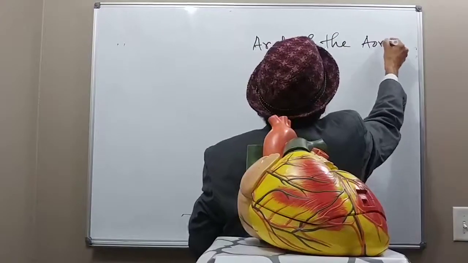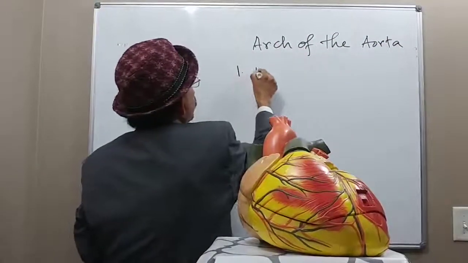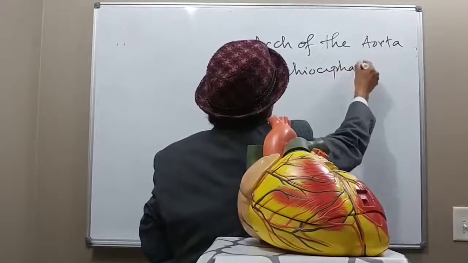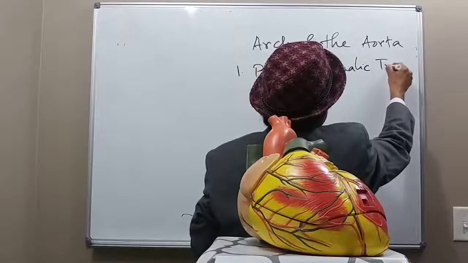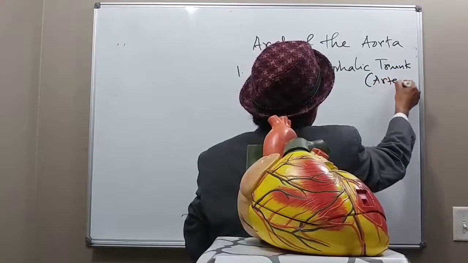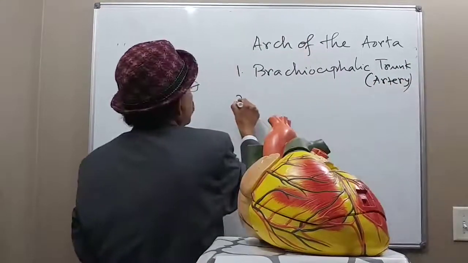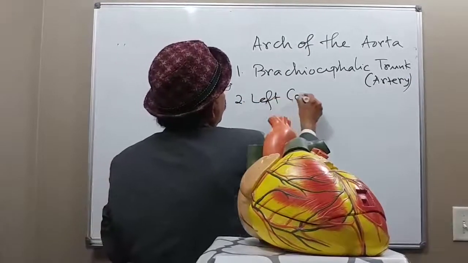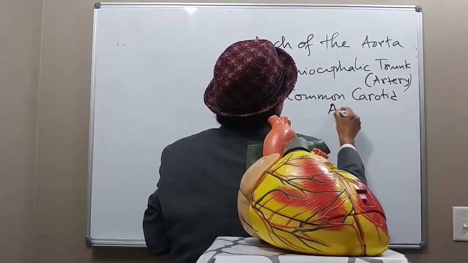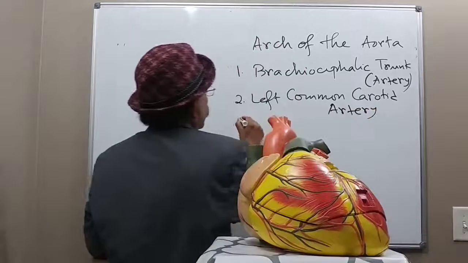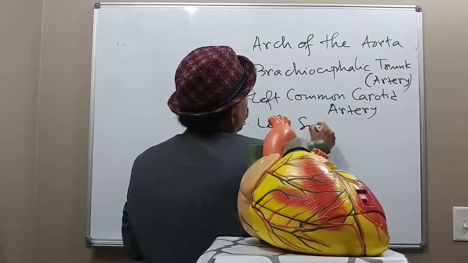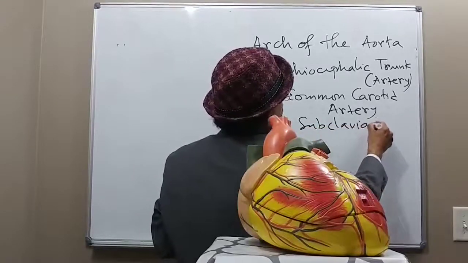The branches of the arch of the aorta are the brachiocephalic trunk, also called the brachiocephalic artery, then the left common carotid artery, and the left subclavian artery.